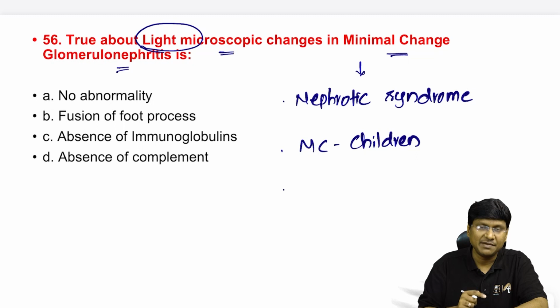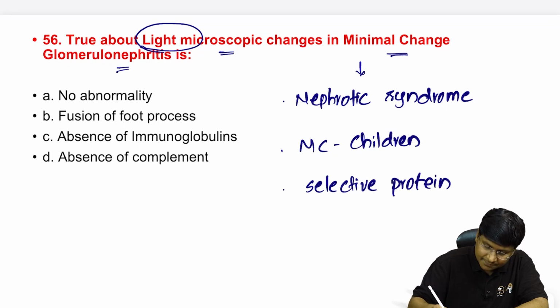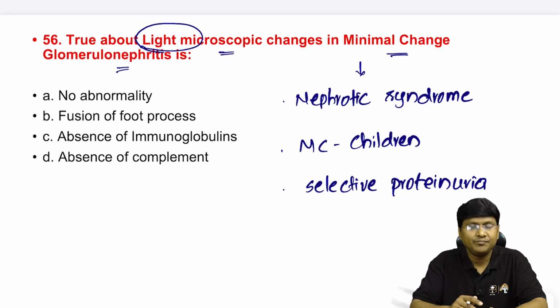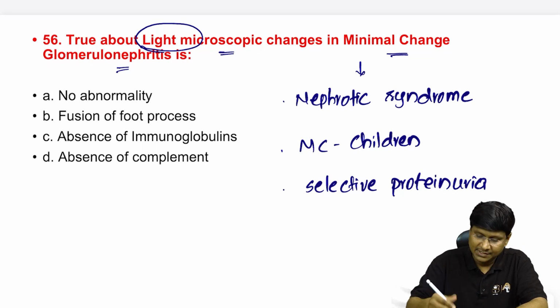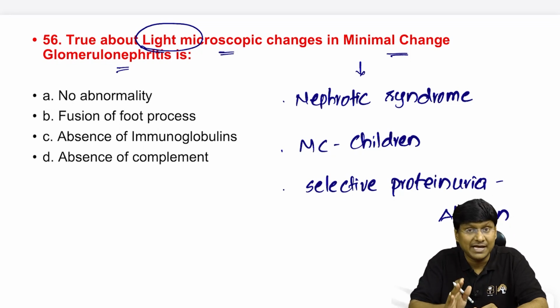The next very important point is that these patients with minimal change disease have selective proteinuria, where albumin is being excreted out.